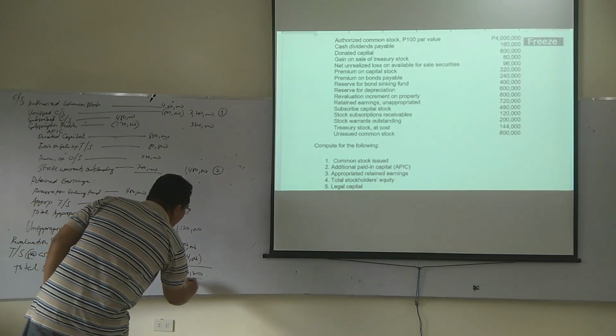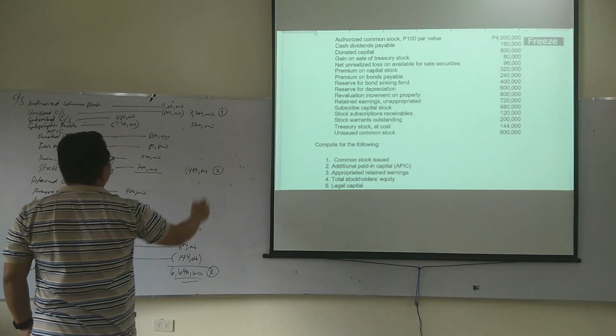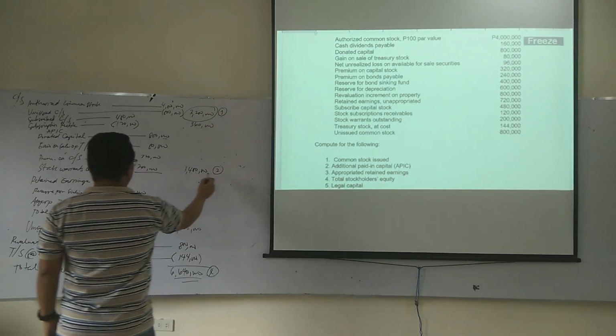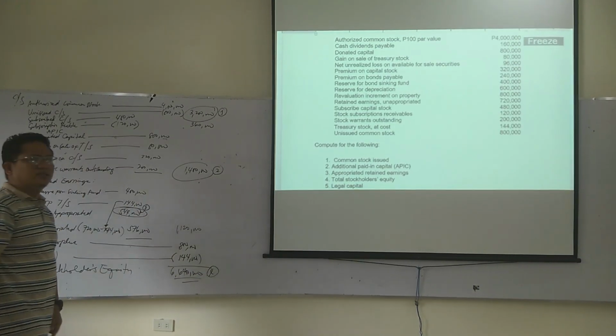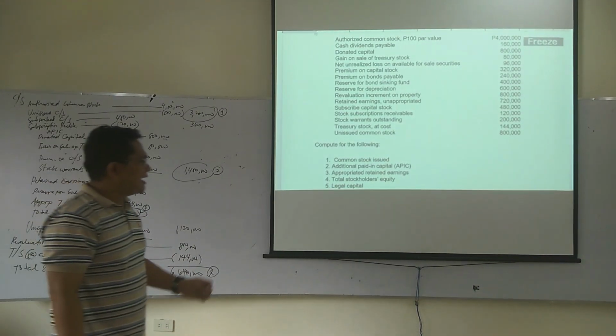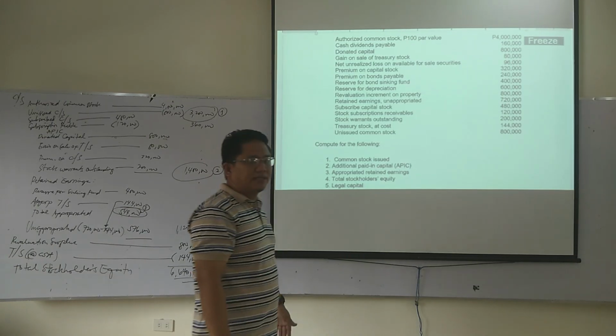So that's our answer for number 4. Number 4 is 6,640,000. And last is the legal capital.